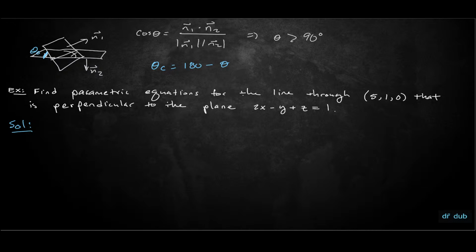So this example says find the parametric equations for the line that goes through the point 5, 1, 0 that is perpendicular to the plane 2x minus y plus z equals 1.